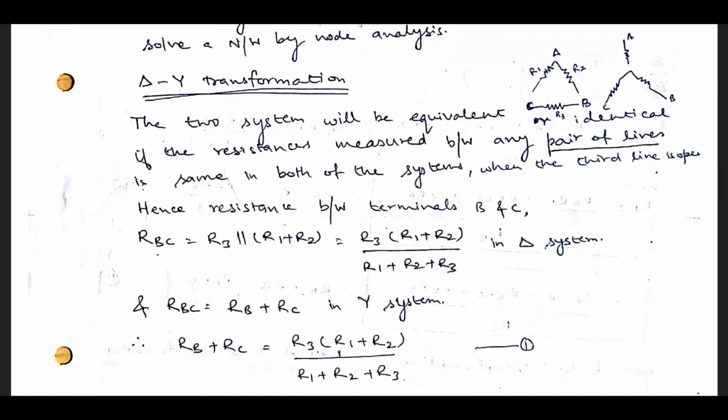Okay. So these two systems of resistances should be equivalent and the third line should be open. So what we will do, we will pick the A vertex and pull it above the B and C vertices. Okay. So what will happen here?